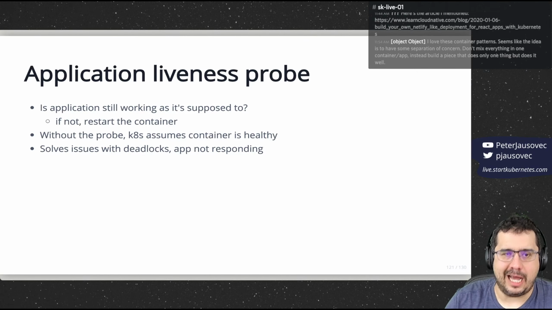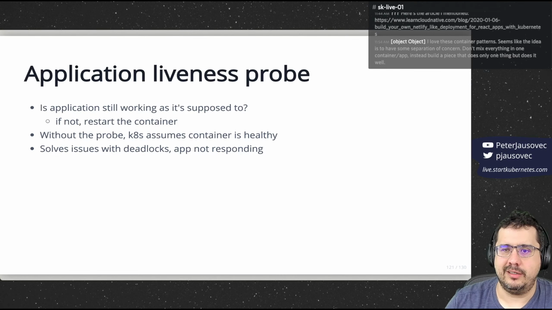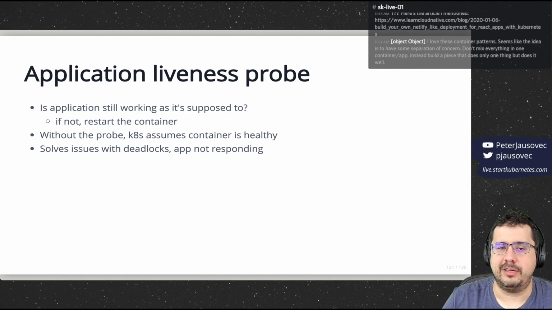If you have a kubelet or some external thing probing and calling some endpoint in your application, and it's not responding, you know that something went wrong and the kubelet can restart it. If you didn't have this probe, Kubernetes will just keep the application running even though it might not be responding. If you provide the probe and it doesn't respond, Kubernetes will restart the container, so it'll start fresh.